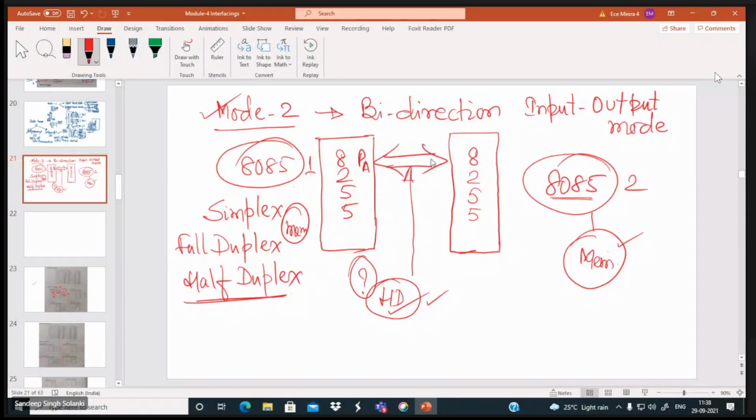It has to check with this 8255 whether I can read some data or not, and if 8085 allows you to read that, then this data will be made available for reading, because it is all due to the permission. If it permits, then it can do.